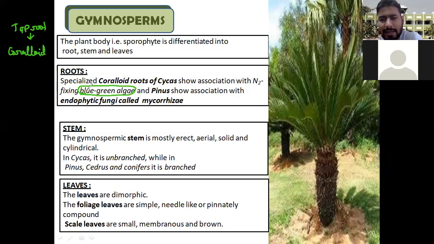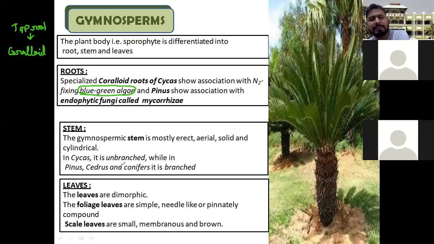The second type is mycorrhizae, where the fungal hyphae get associated with the roots of higher plants. These things we have discussed.